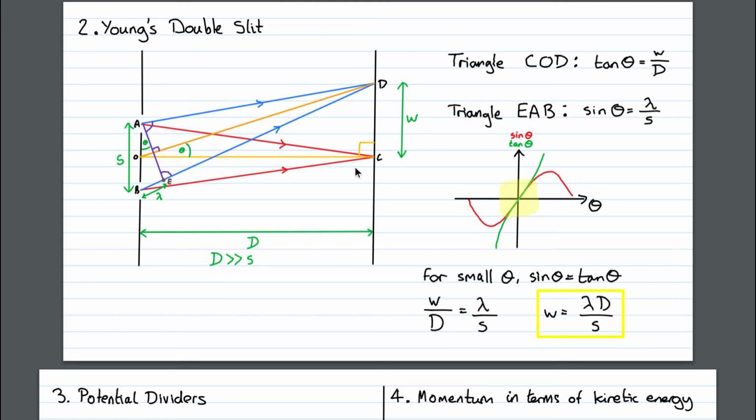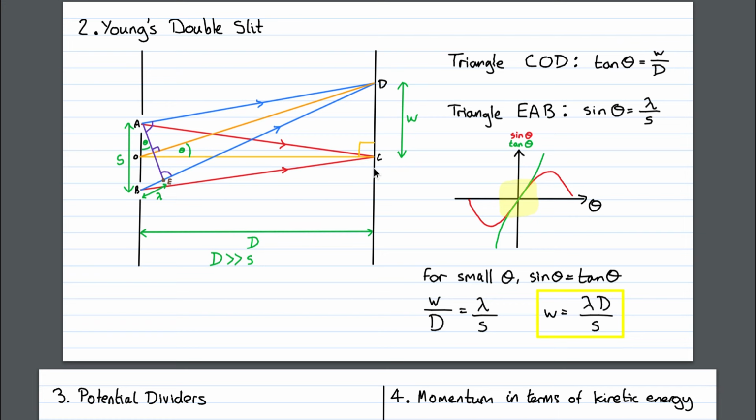Now, the two red rays have the same length, so the path difference between them is 0. But the two blue rays, the one at the bottom, that's BD, is longer than the one at the top, that's AD. And BD is longer by distance BE. And that distance is lambda, that's the path difference, if we have the first bright fringe away from the centre.